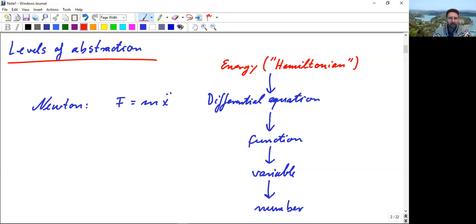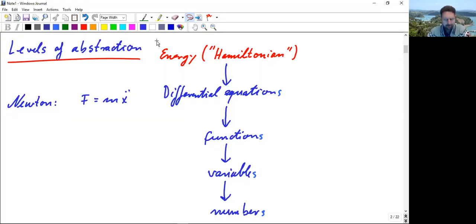You only needed to write down the sum of the kinetic and the potential energies. So what was the challenge that Hamilton faced in order to prove what he wanted to prove here?